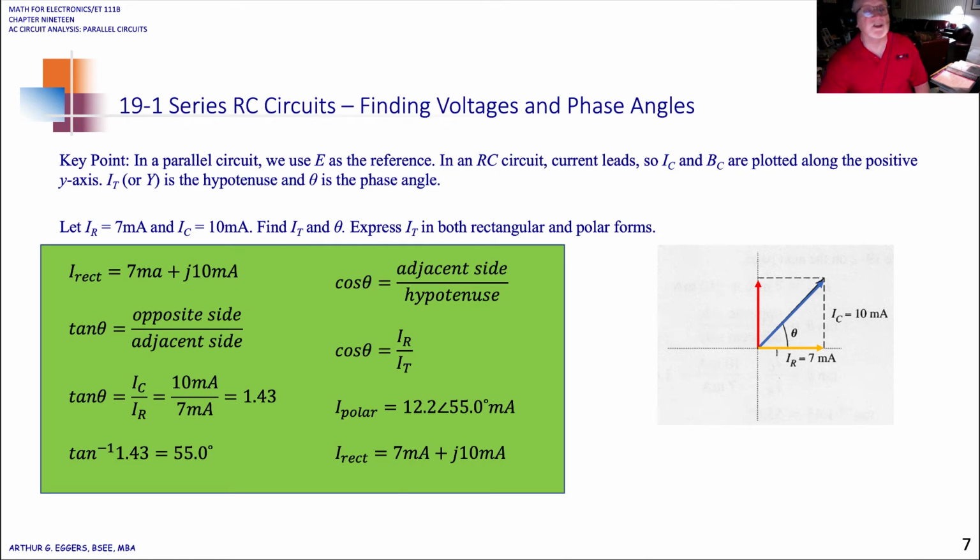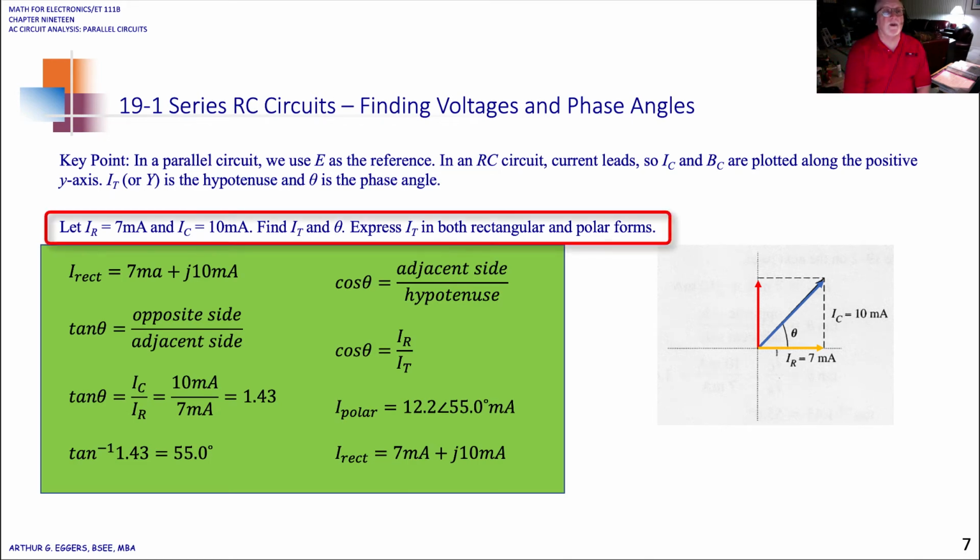Taking an example here, what's given is I sub R, 7 milliamps, I sub C, 10 milliamps, and the total current and theta is what they want us to find. Very quickly, we can express the total current in both rectangular and polar forms.